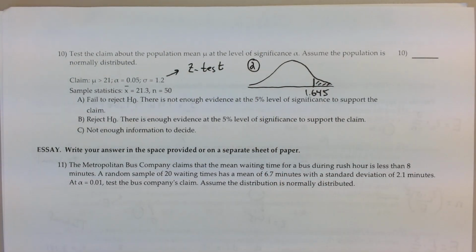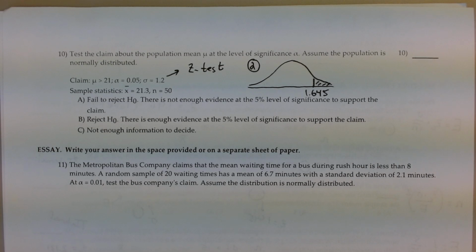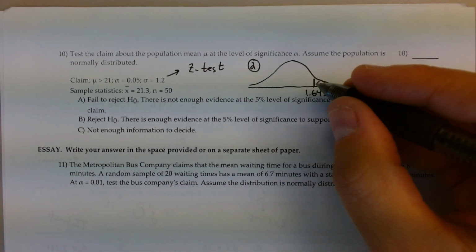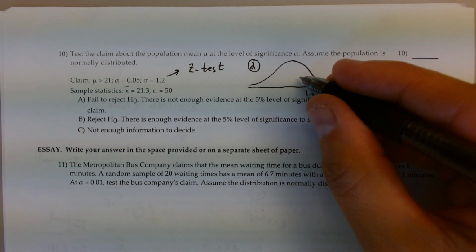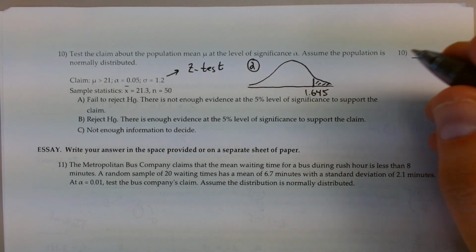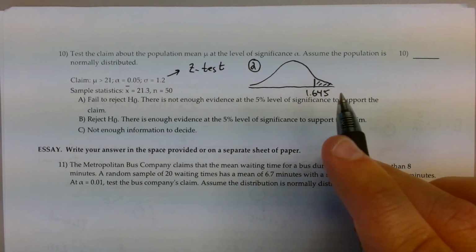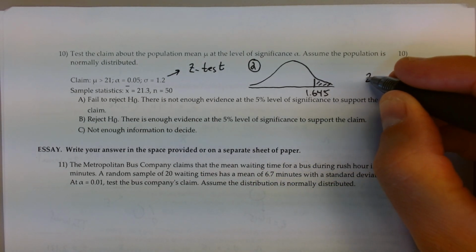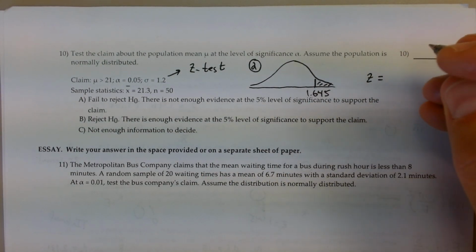That would be step 2 of the hypothesis test, or the traditional method, finding the critical value. And then we decide the test by whether or not the test statistic is in the non-rejection region or the rejection region. So we need to find our z. Again, we're doing a z-test, so it's the z-score formula.